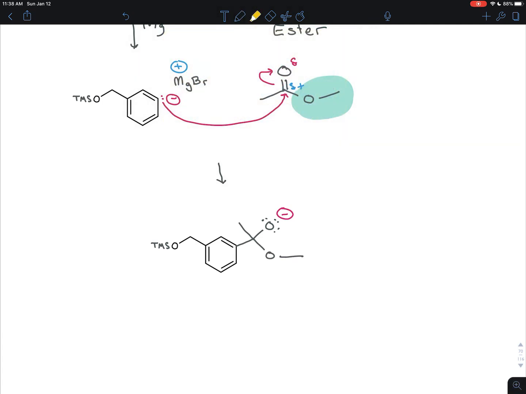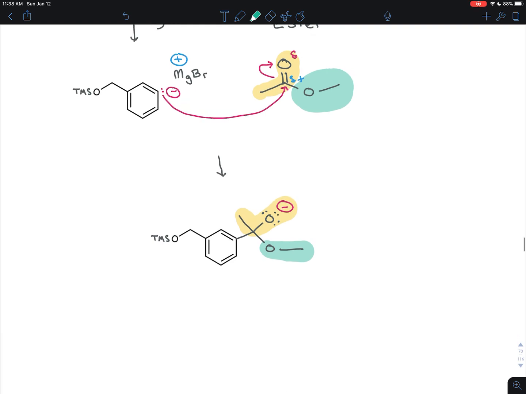So if you're trying to see this visually, you have these two carbons with the oxygen, that's this right here, and then you have that leaving group part, the OR group, this oxygen bonded to a carbon chain. That's what you get after the first attack.